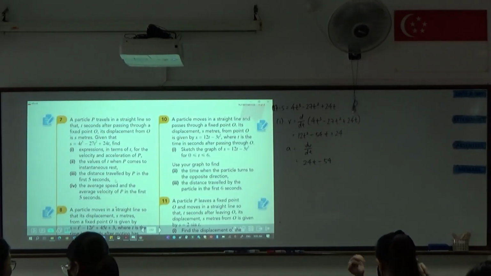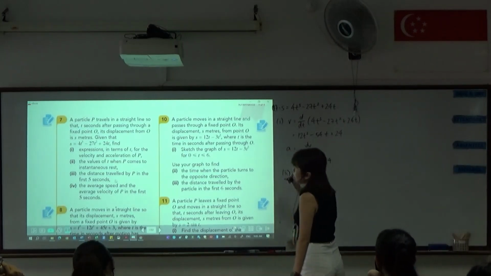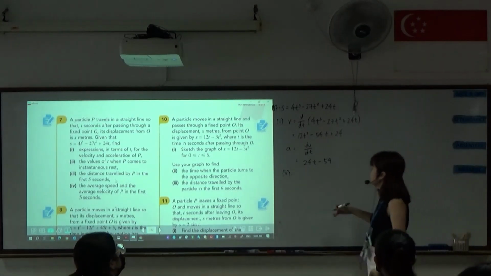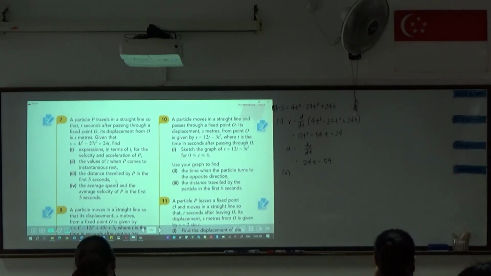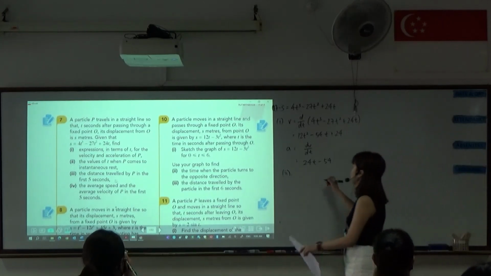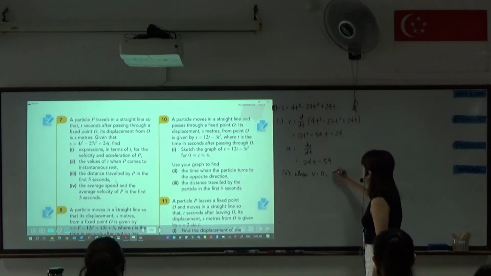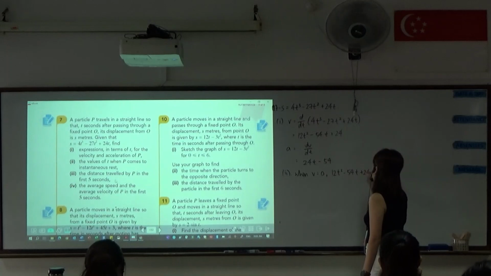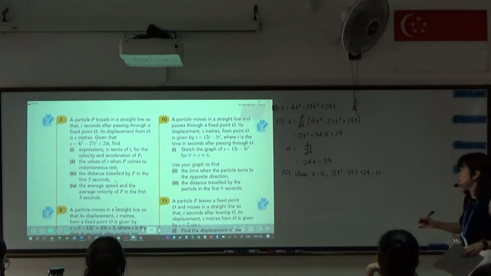Then moving on to part 2. We want to find the values of t where P comes to instantaneous rest. Instantaneous rest would mean that your velocity is equal to 0. So when v is equal to 0, we let it be equal to 0 and then we have to go about solving it.